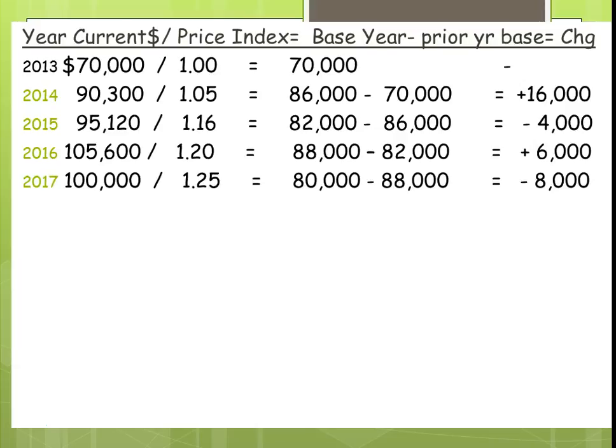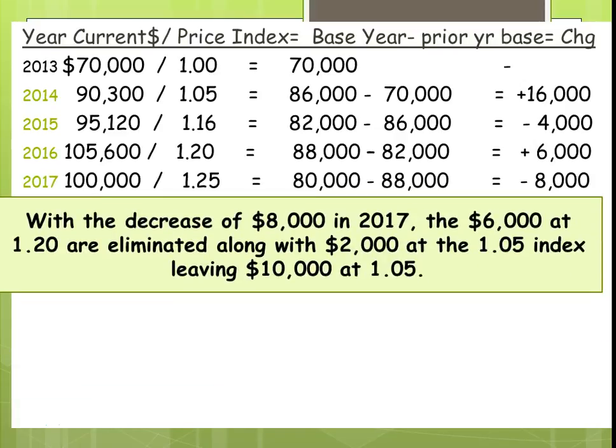Now, in our last year, we had a decrease of 8,000. What does that mean? Well, the 8,000 decrease is going to wipe out the 6,000 at 1.2 and eliminate 2,000 at the 1.05 index level, leaving only 10,000 at 1.05.